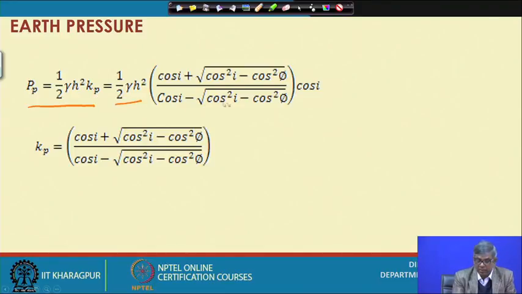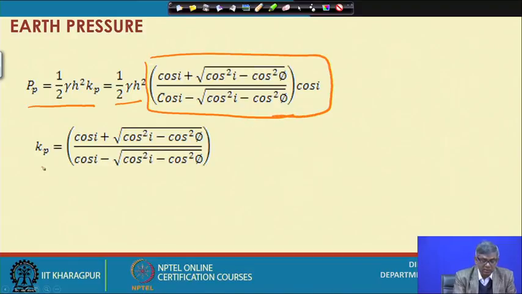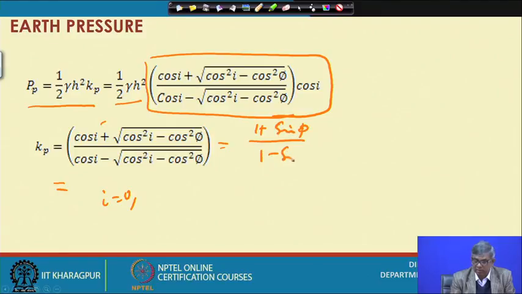So, half gamma h square multiplied by this expression, and this is nothing but Kp. In this Kp we now have additionally i and phi both, and if I put i equal to 0 here, this expression will reduce to 1 plus sin phi by 1 minus sin phi, which is actually Kp for level backfill.